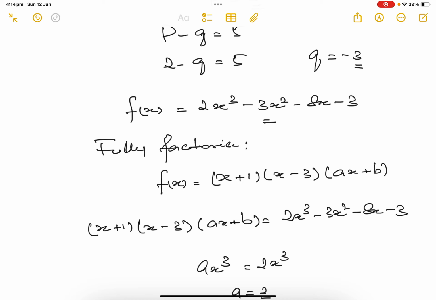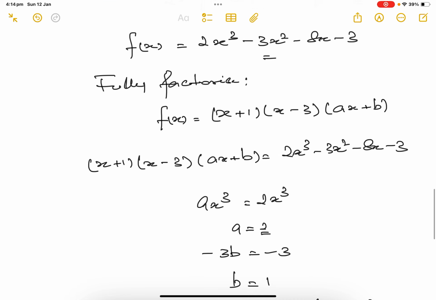So I can write f(x) equals x plus 1, one root, x minus 3, another root, and the third factor, which we take as the standard linear function ax plus b. We need to find a and b. So x plus 1 times x minus 3 times ax plus b is equal, of course, to f(x).